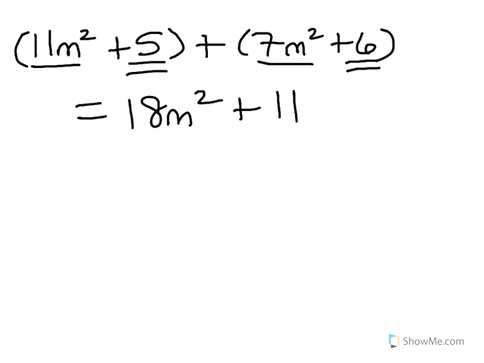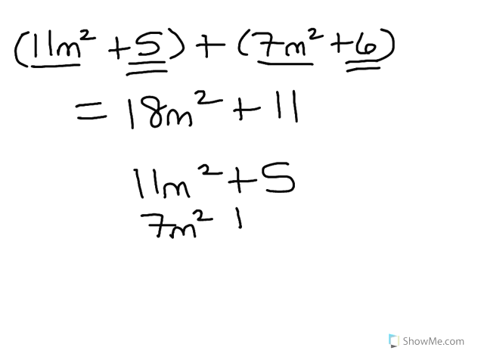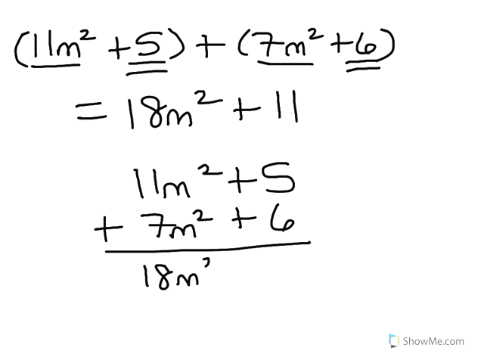Now that works great for this situation. Before we get to something too complex, let me show you a great way to write these that makes it even simpler. You can write 11m squared plus 5 and then 7m squared plus 6 in a vertical fashion, just like we used to do with addition back in elementary school, and then add straight across. 11m squared plus 7m squared is 18m squared, and 5 plus 6 is 11.